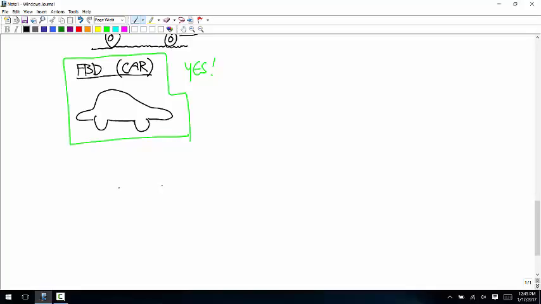So first, what about a stick figure of the car? That doesn't work because it's not a closed outline. The whole point of the free body diagram is, well, there are a couple points, but the whole point of the way that you draw the object itself is you're trying to be very clear and succinct to yourself and whoever's looking at it about what's inside your chosen body and what's outside.